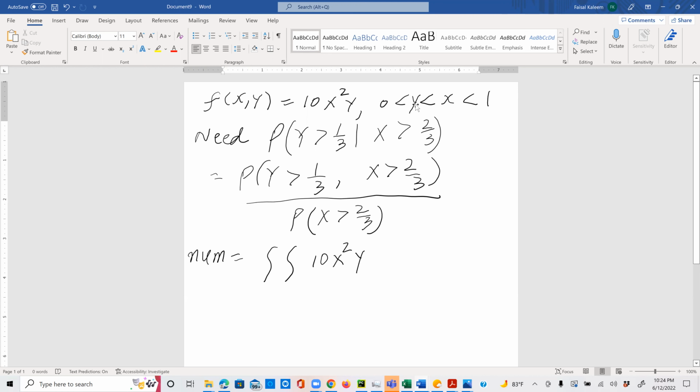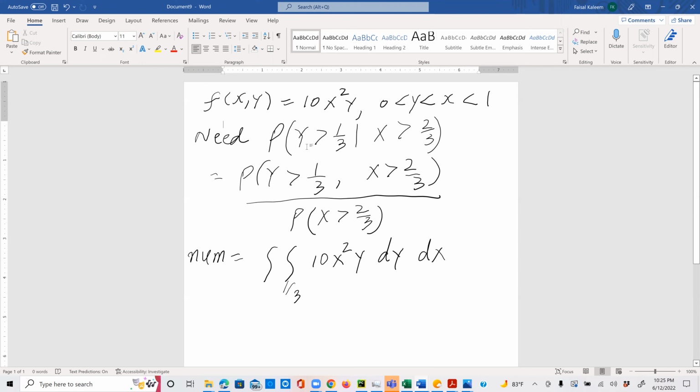So if we look at the bounds, y greater than 1/3 means y would start from 1/3. So if we do the dy inside, y would start from 1/3. And the maximum y can go is x because y has to be less than x.